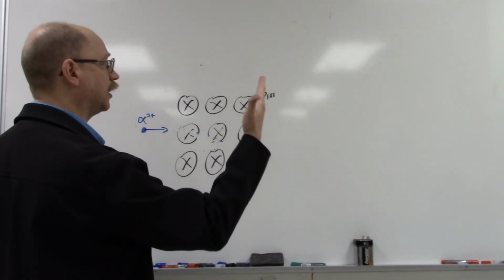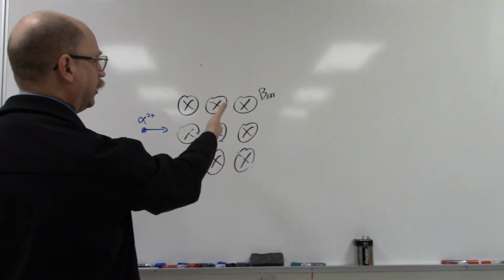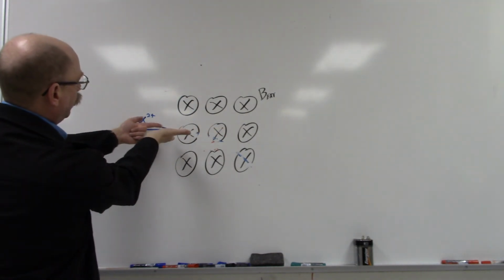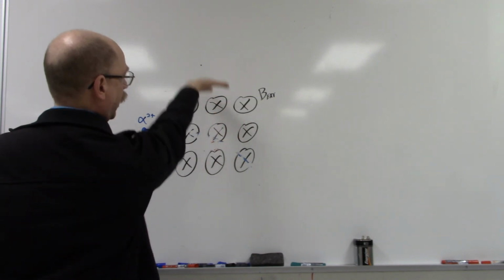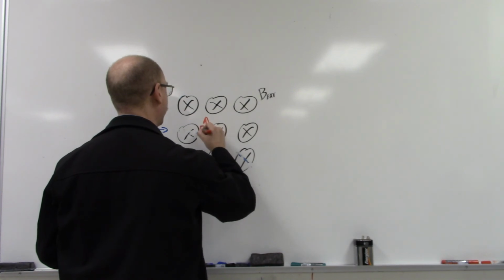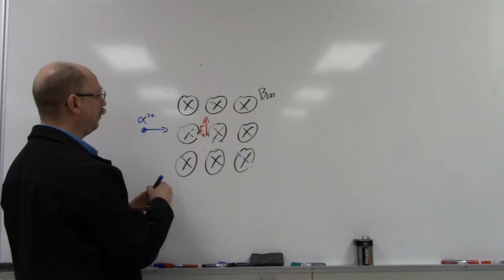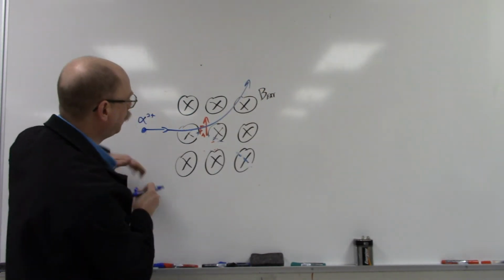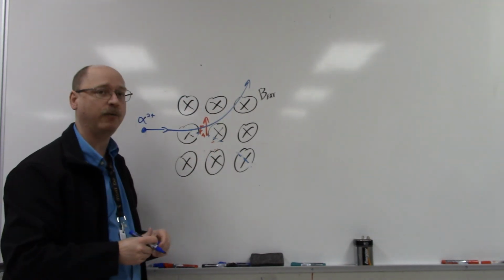My fingers still point into the board because that's the direction of the magnetic field. I turn my hand until my thumb is pointing that way, the direction that the alpha particle is originally traveling, and I find that it's being pushed up by my palm. So FM is acting upwards. That means that if I watch this alpha particle, I would watch it go through a curved path upwards because it's being pushed up while trying to travel that way.